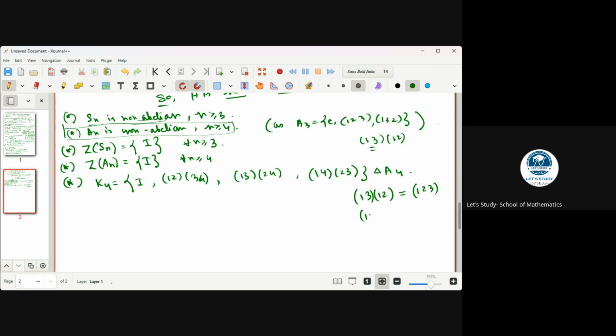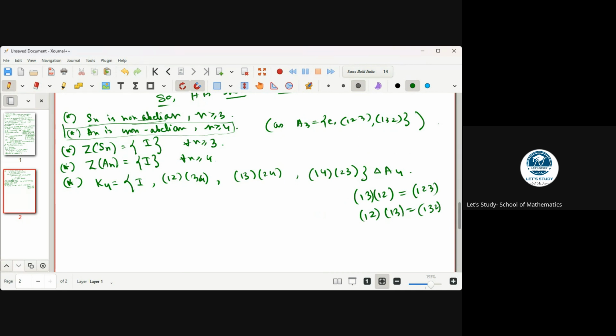And what will this be? (1 3 2). Now the thing is, they both will not give you the same product, right?